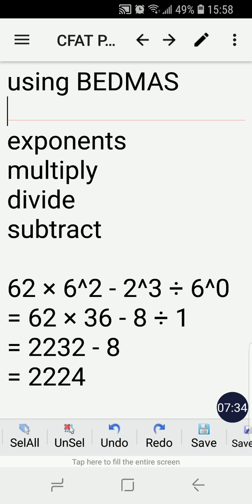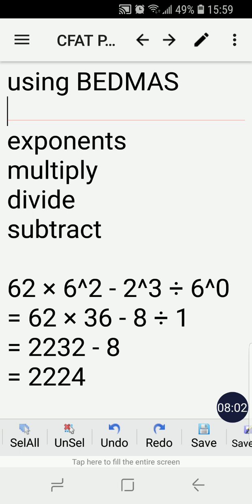And then we multiply now. 62 times 36 is equal to 2232.